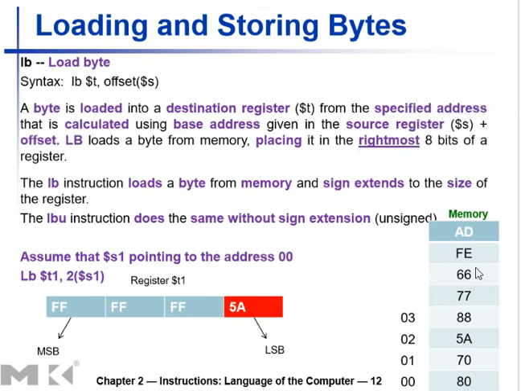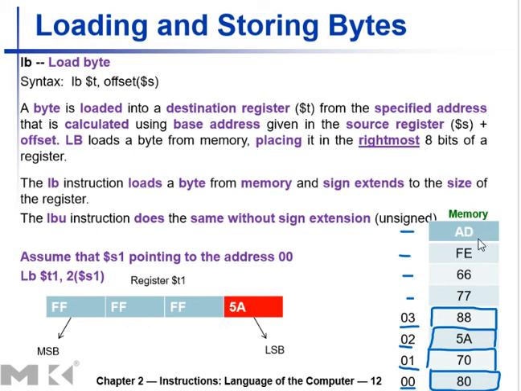Let's assume these are the memory contents. 00 is the address of this particular location in memory, and 01 is the address of this location, 02 is for this location, 03 is for this location, and so on, 04, 05, 06, 07.